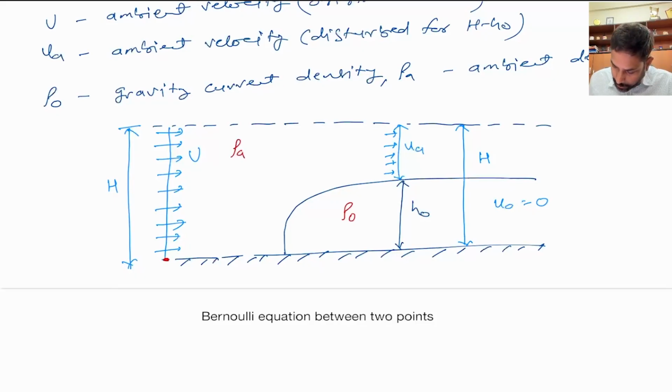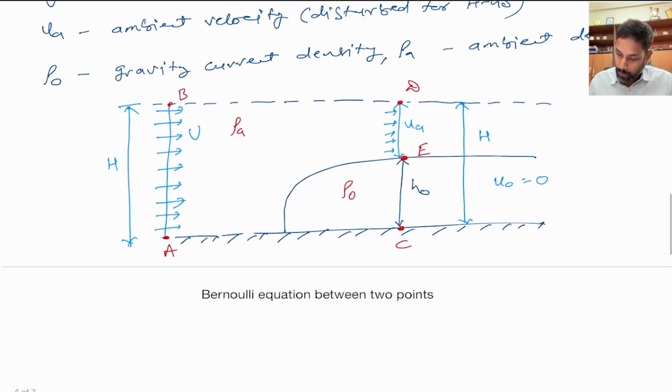So let's consider this is point A, this is point B, this is point C, that is point D, and this is point E. Okay, and we will start by applying the Bernoulli equation between points A and C. Okay, and we will try to see how the pressure condition and everything else are related to each other.